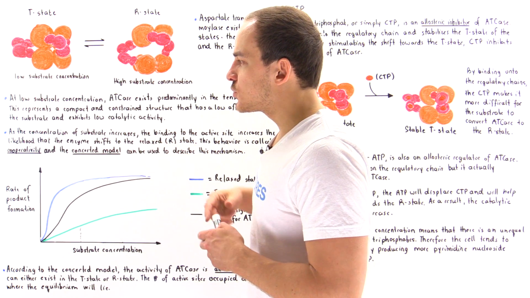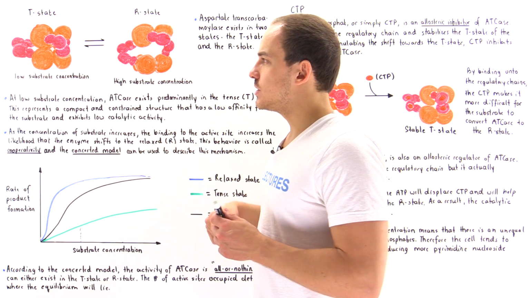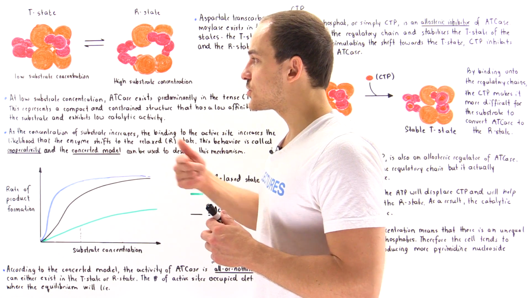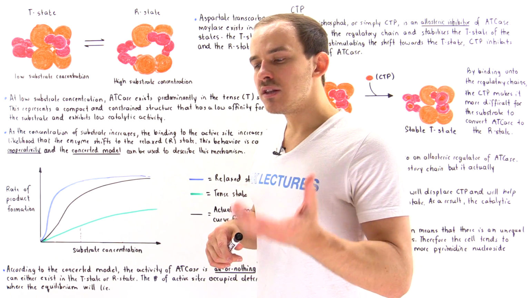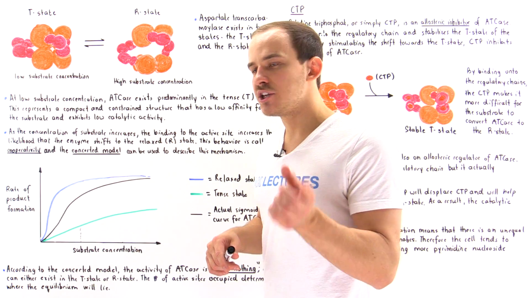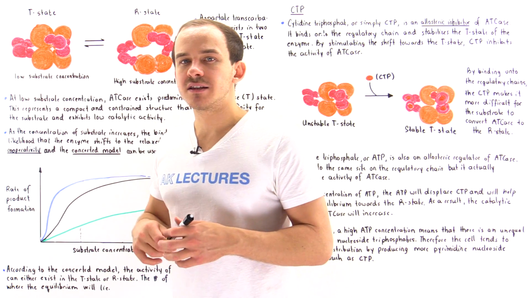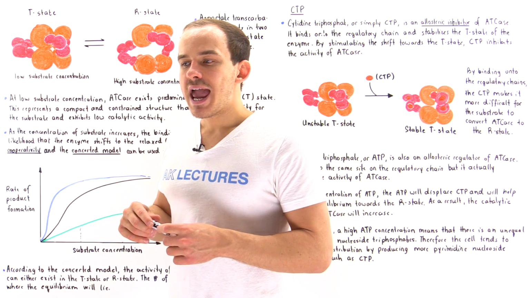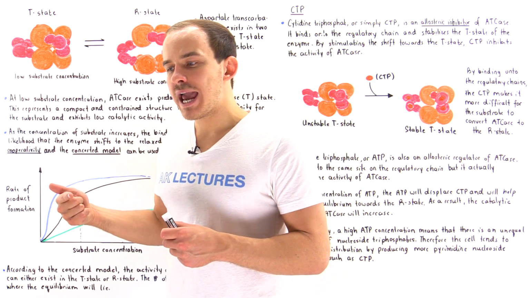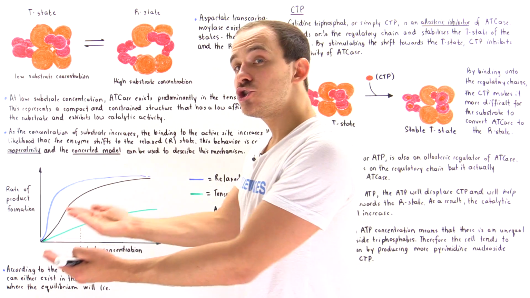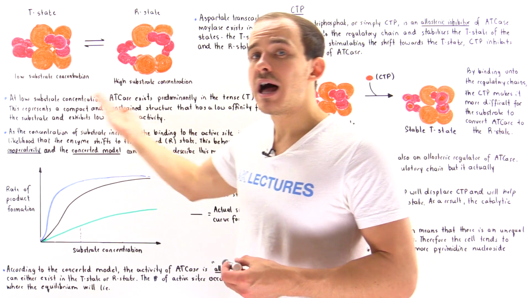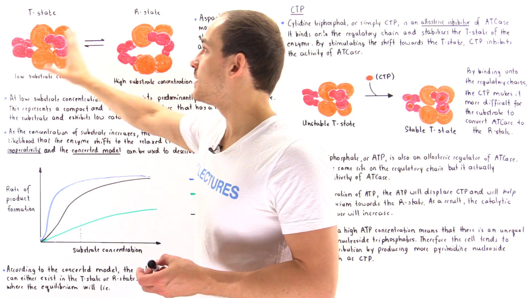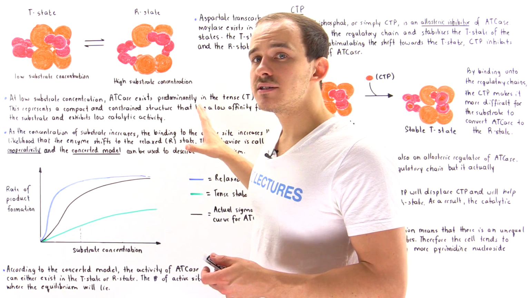Now, when we begin to increase the substrate concentration inside the cells of our body, the substrate molecules will begin to bind onto the active site. So let's suppose one substrate molecule binds onto one of the active sites of this enzyme. And once the binding takes place, what that does is it shifts the equilibrium of this entire equation slightly to the right side, from the T state to the R state.